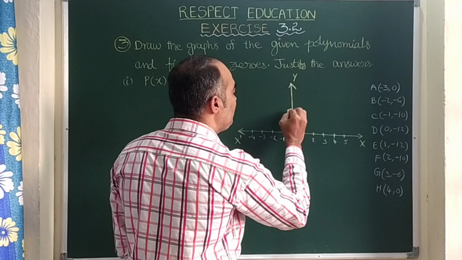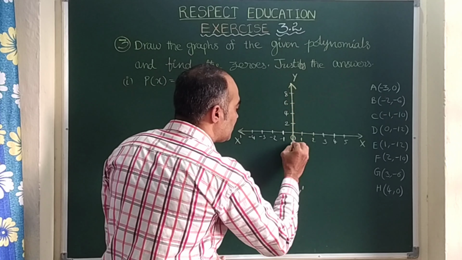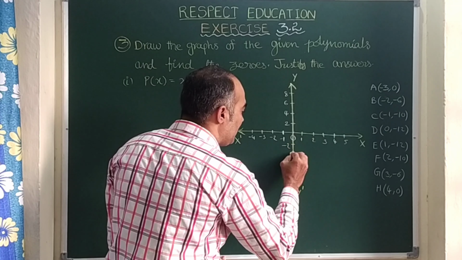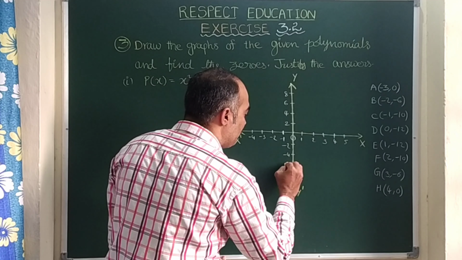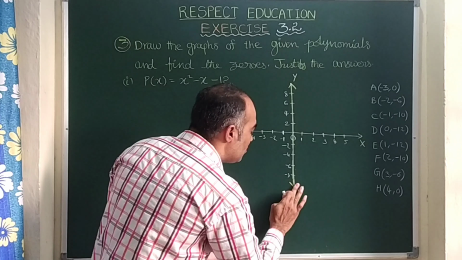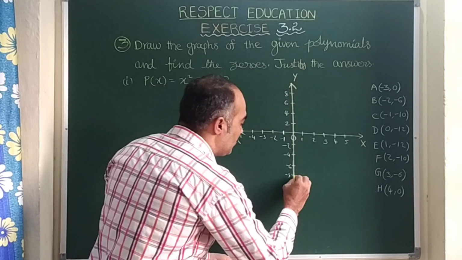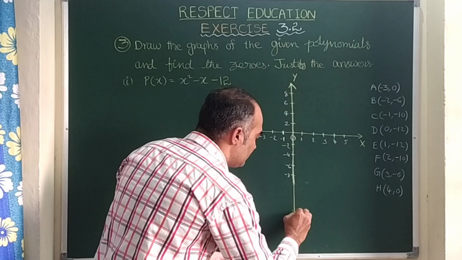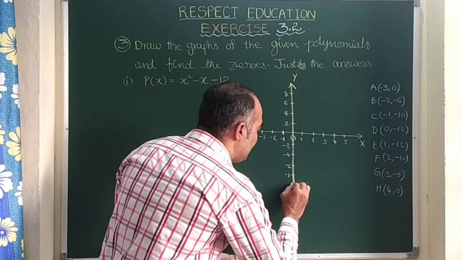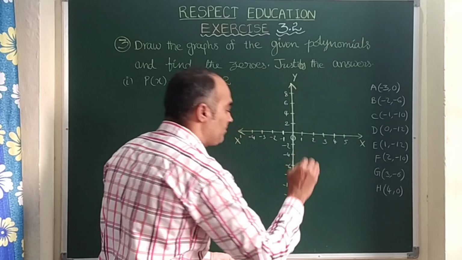This is 2, 4, 6, 8. Here also I will take minus 2, minus 4, minus 6, minus 8. Still I need more, so let us extend this y-axis still more. Now this is minus 10 and then minus 12.